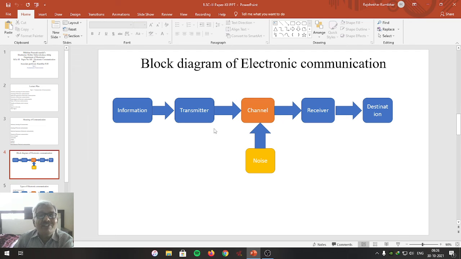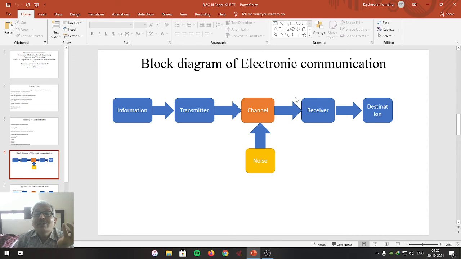What happens in the transmitter? As we said, the processing is done in the transmitter. That means what is modulation, what is amplification, what is power amplification. That we are going to study in forthcoming topics. We are going to study the transmitting antenna and its details in forthcoming topics.